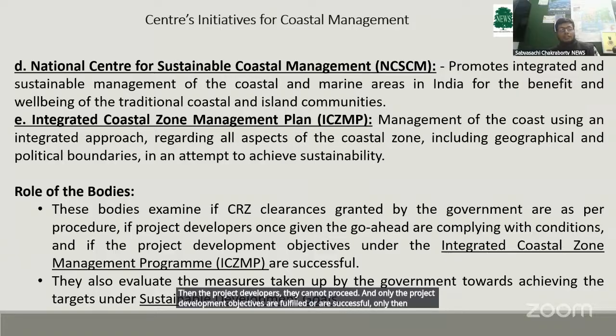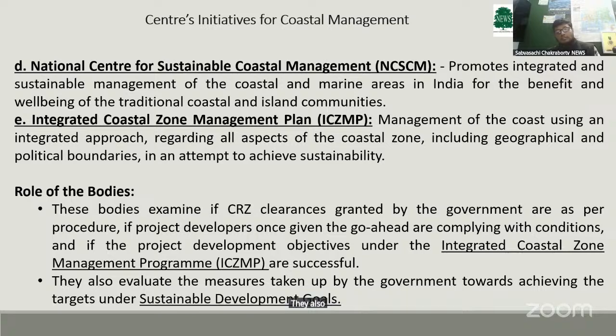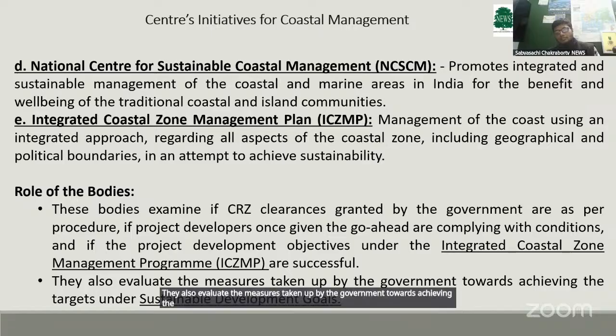So these five bodies thoroughly monitor all the aspects, and only then the clearances are given. They also evaluate the measures taken up by the government towards achieving the targets under the Sustainable Development Goals, or the SDGs.